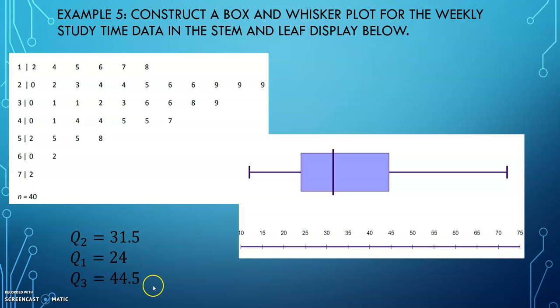Q1 is 24. Q3 is 45. You can see that the box is not directly in the middle, so the middle of the data is lower than right in the middle. That's section 12.4, displays of data.